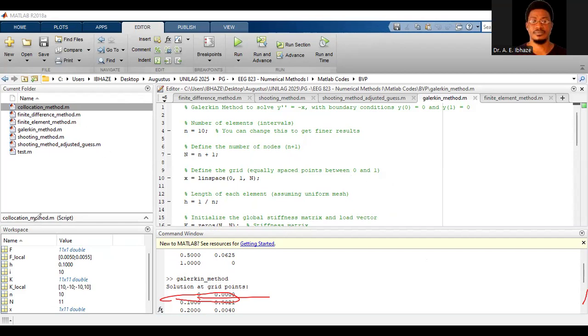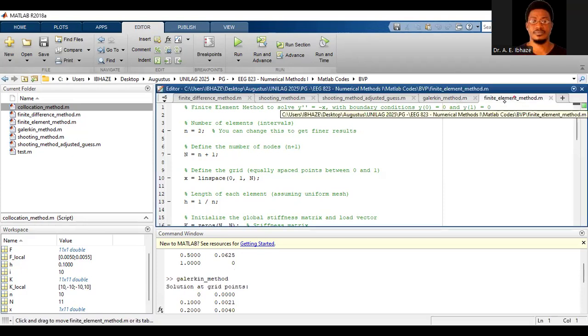And the next method we'll look at is the finite element method. Now, for the finite element method, we have something similar to the Galerkin's method, where we have chosen n to be 2, and now the number of nodes to be n plus 1.